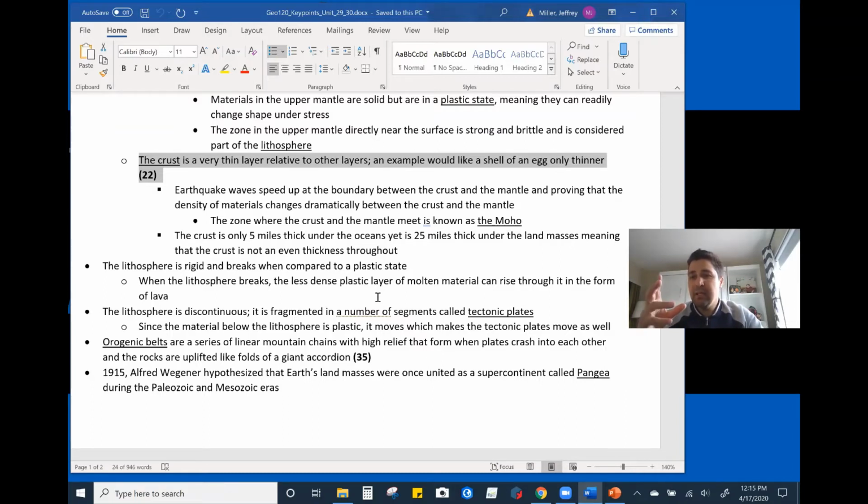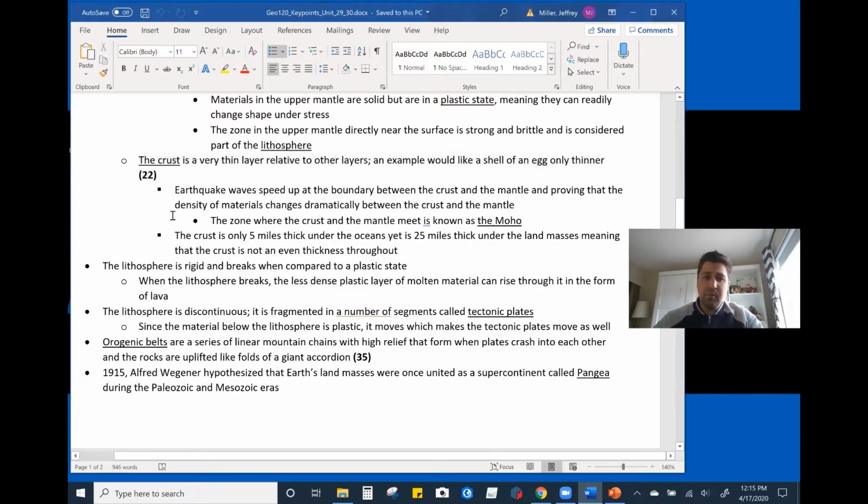If you hard boil an egg and peel that shell off, it's paper thin. Imagine that is the crust, and everything else is the rest of the Earth. In fact, it's even thinner than that, to be totally frank. But that's the best example I can think of of how thin a layer it is compared to the others.